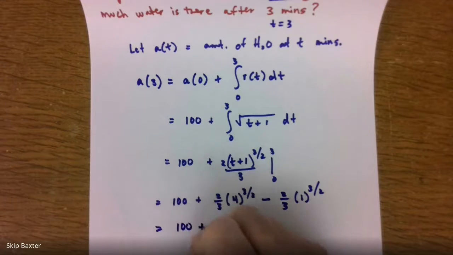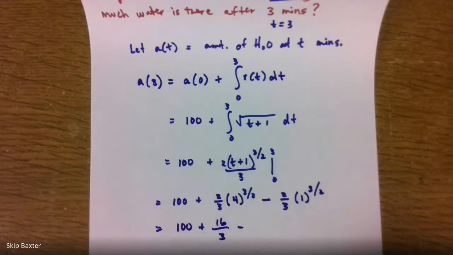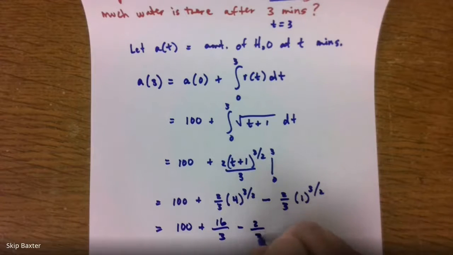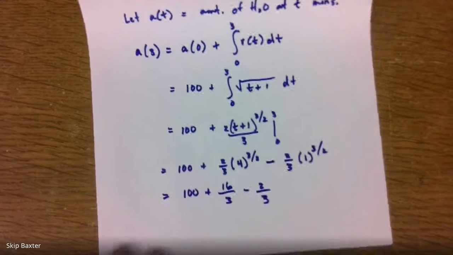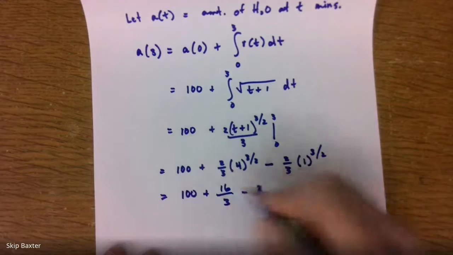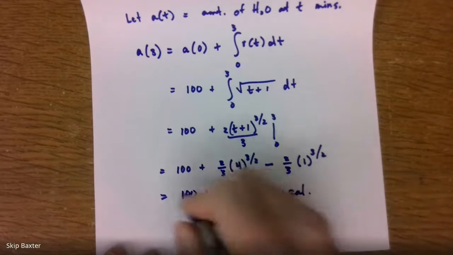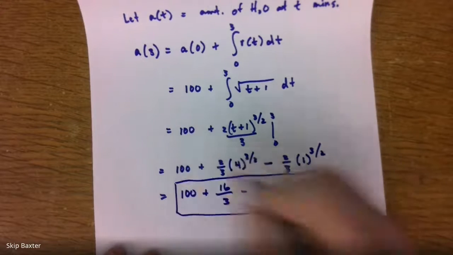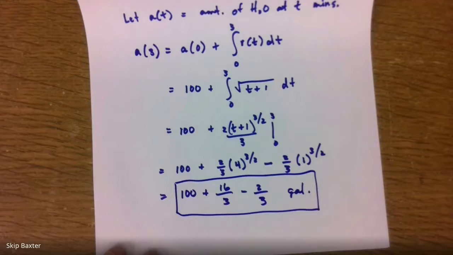So this would be 100 plus 16/3 minus 2/3. 100 plus 14/3. Whatever that is, gallons. That would be the answer. Okay.